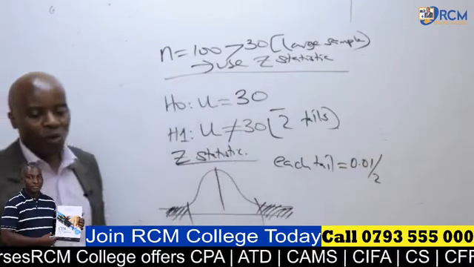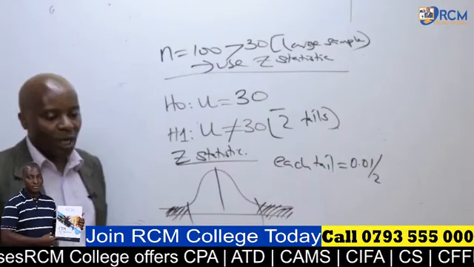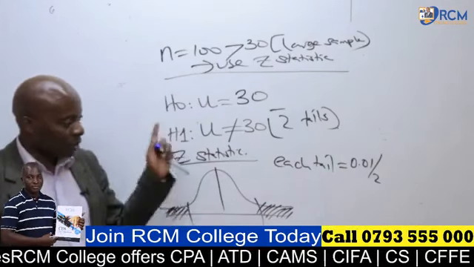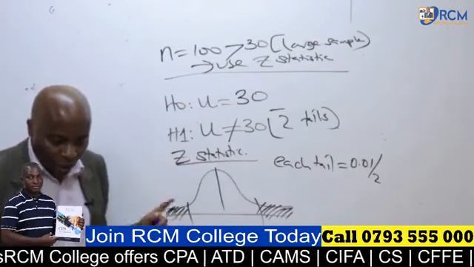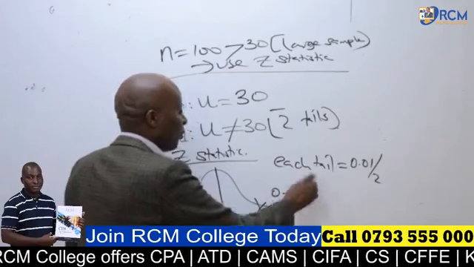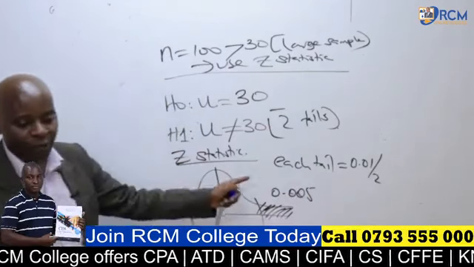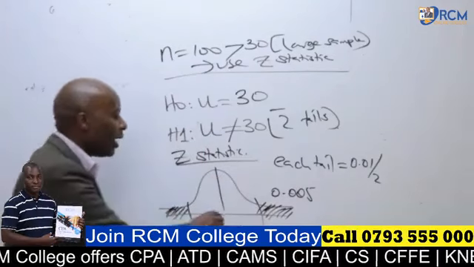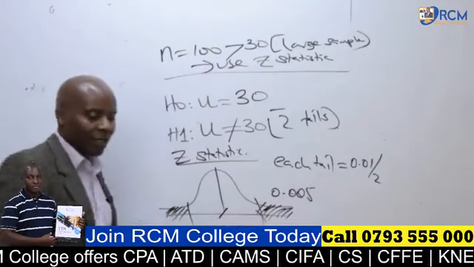So 0.01 divided by 2, this gives me 0.005.